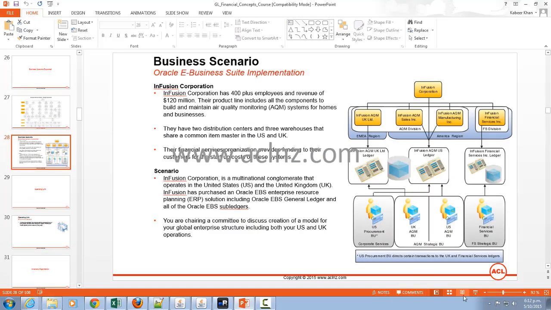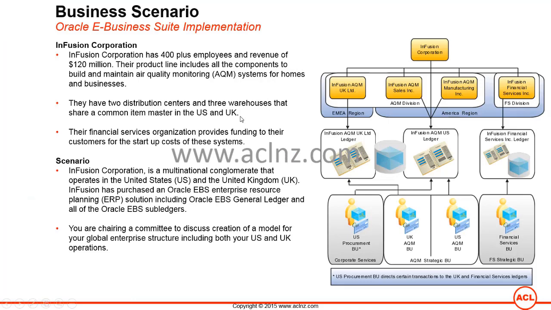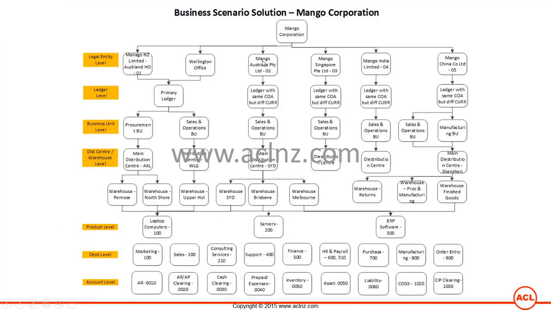Okay, so let's say Mango Corporation here. You can see Mango Corporation is a large multinational enterprise. They've got their operations in New Zealand with a primary ledger, whereas they've got subsidiaries in Australia, Singapore, India, and China.